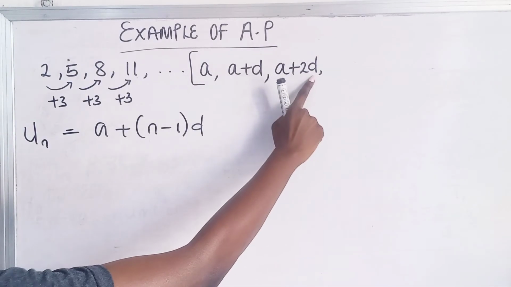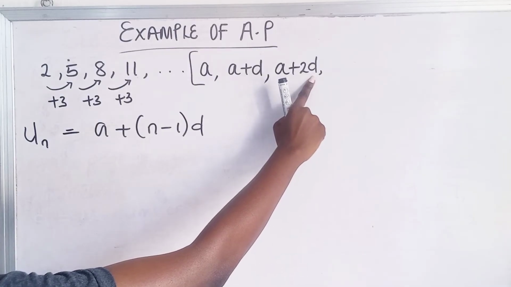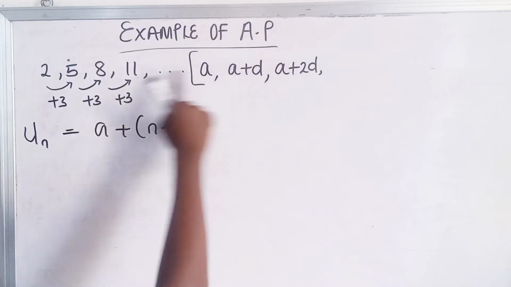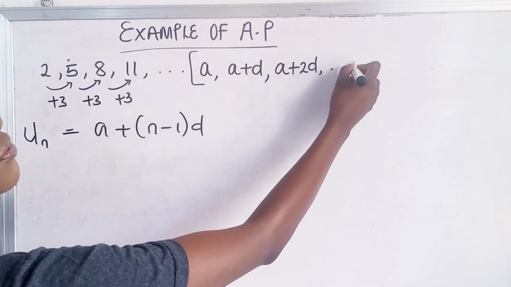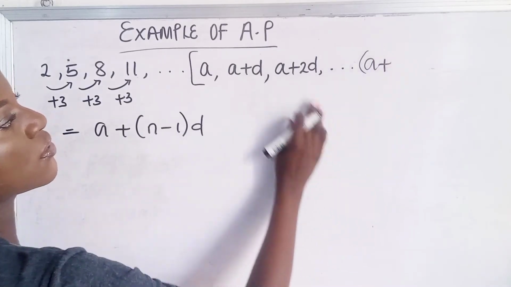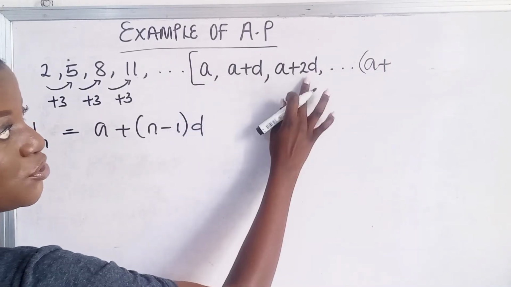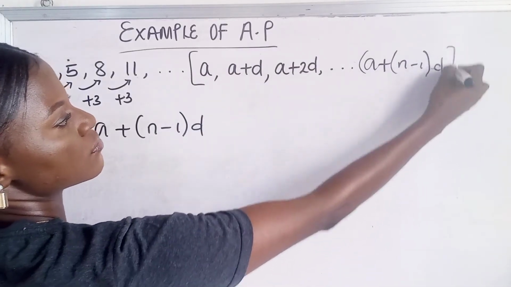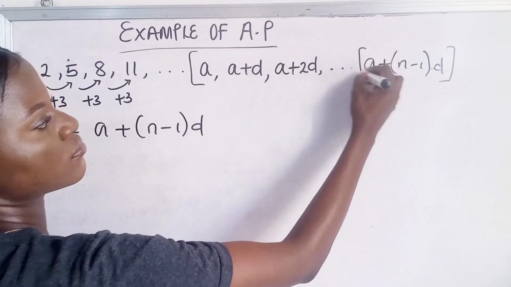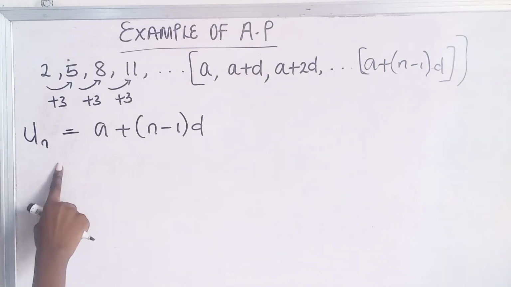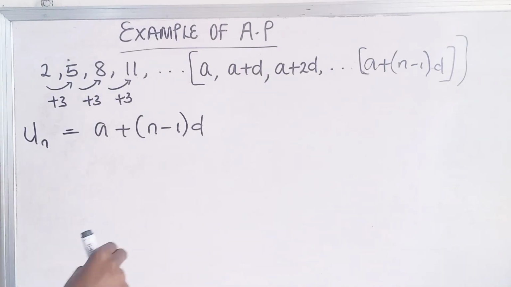D is 3, so 2 times 3 is 6. 6 plus 2 is 8. So that's how we keep going until we're able to get the nth term, which is A plus, you see that we're reducing by 1, so (n minus 1) D. Do you see? So that is how the formula for AP was gotten.